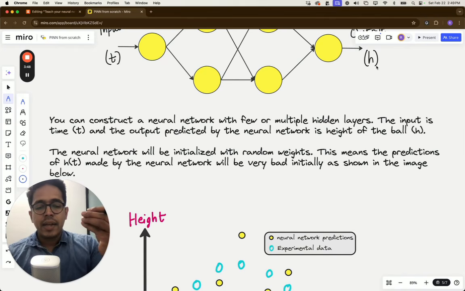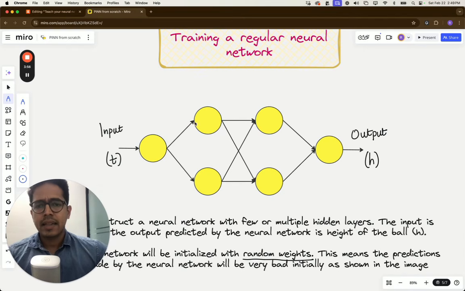Now, you know that neural networks are usually initialized with random weights, meaning the parameters of these individual nodes, the connections between these nodes, these are called weights. So this is weight W11, W12, this could be W21, W22, this could be W23, W24.